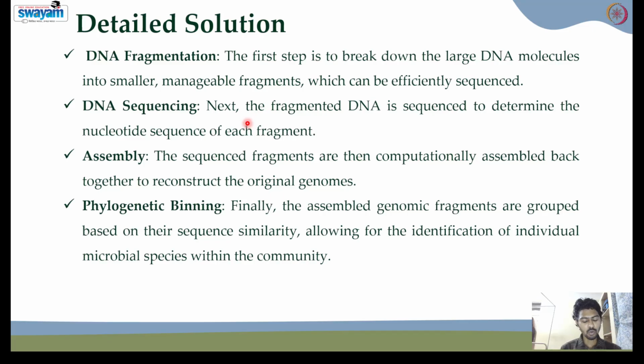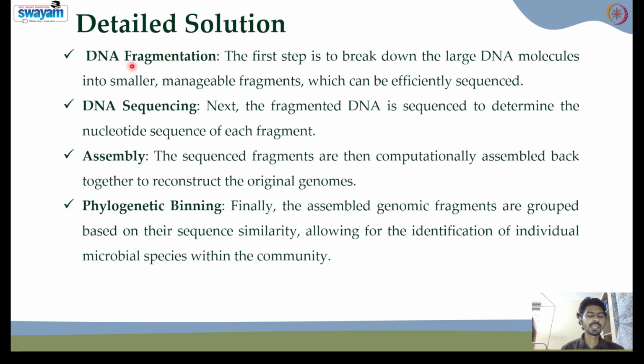In whole metagenome analysis, first they will try to extract the DNA and fragment it. They break down the larger DNA molecules into smaller fragments which can be efficiently sequenced.